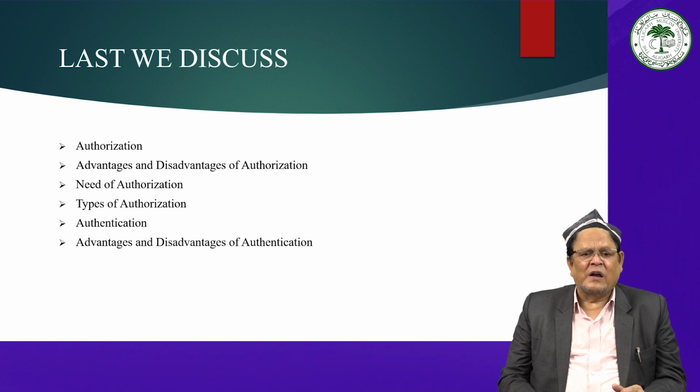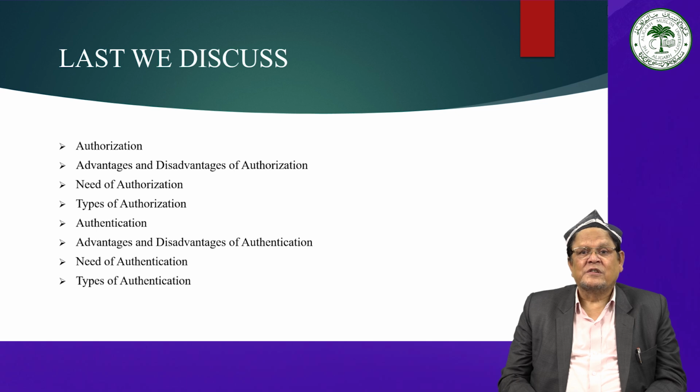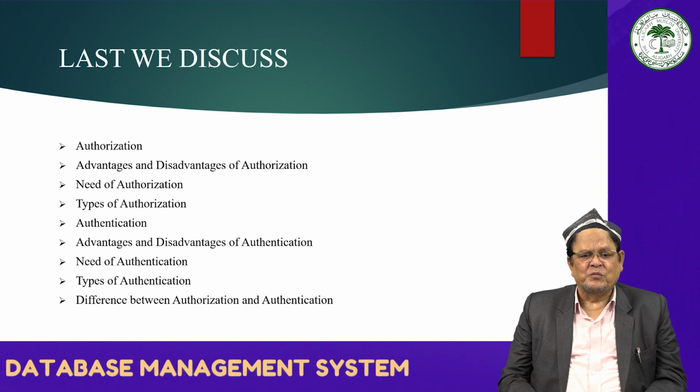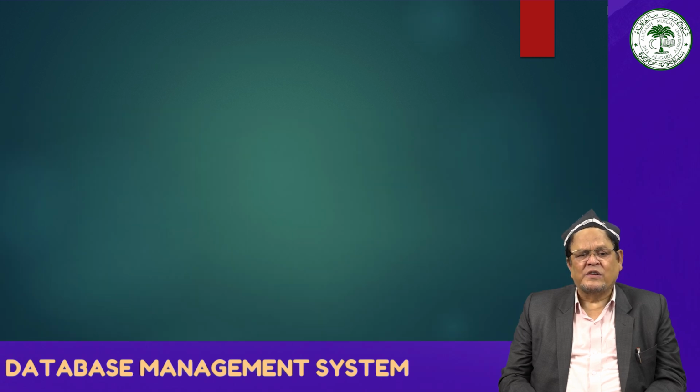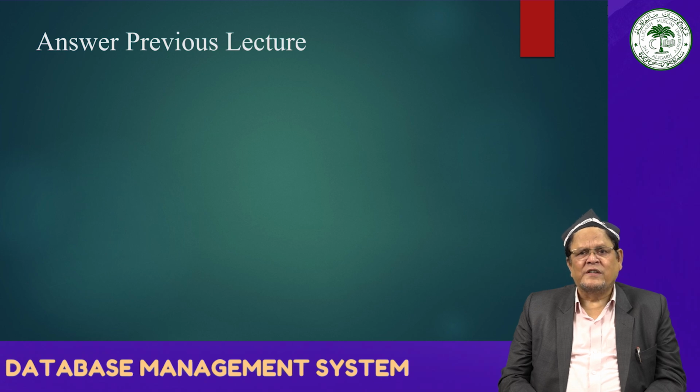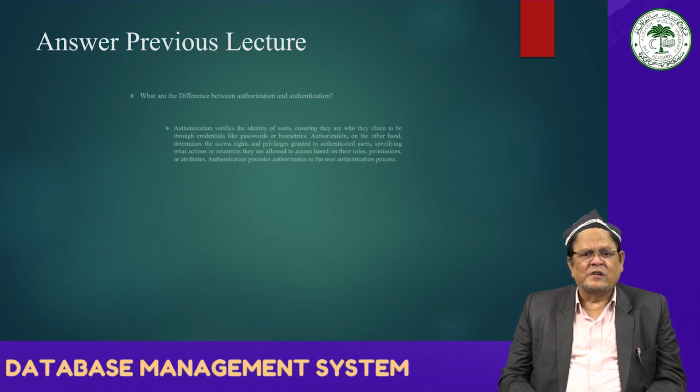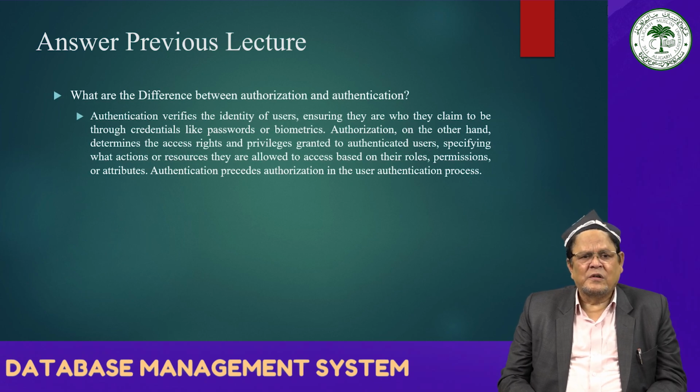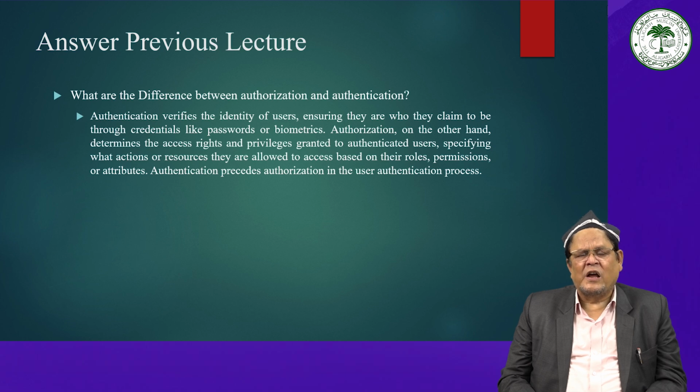I have already discussed the advantages, disadvantages, need and types of authentication in detail in the previous lectures. And then the last was the difference between authorization and authentication. So before going to today's agenda, I would like to answer the questions which I asked in the previous lecture.